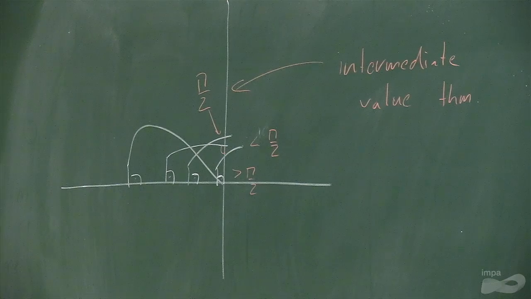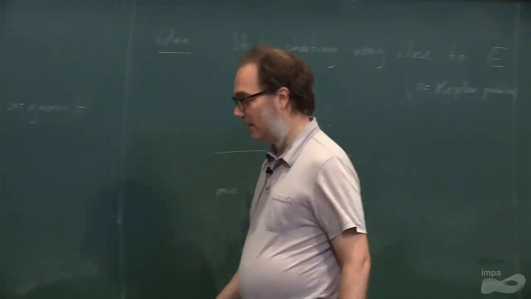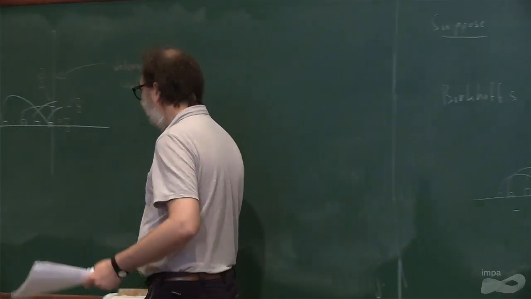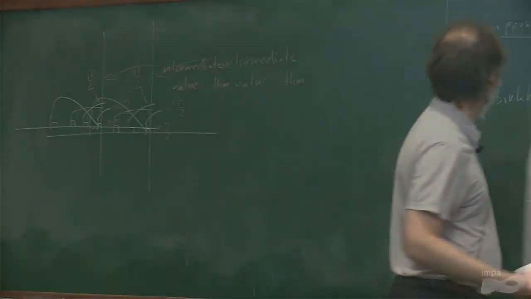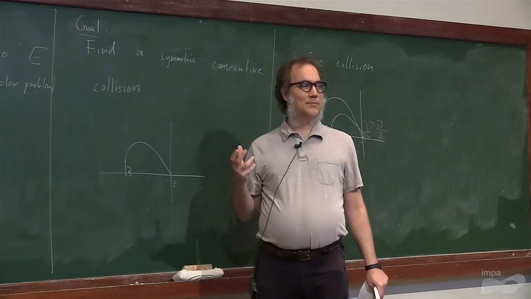Okay, that's the idea. So how do we guarantee this? So how does Birkhoff's proof work? I'd like to sketch his proof. The first thing is, in the first step, you really have to use a bit of the special physics.